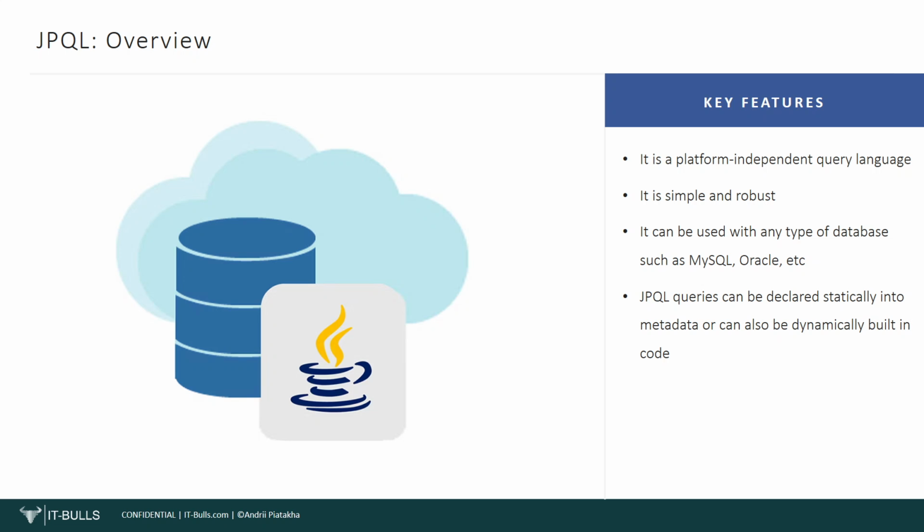The general structure and syntax of JPQL are very similar to SQL. Having a SQL-like syntax in JPA queries is an important advantage because SQL is a very powerful query language and many developers are already familiar with it.